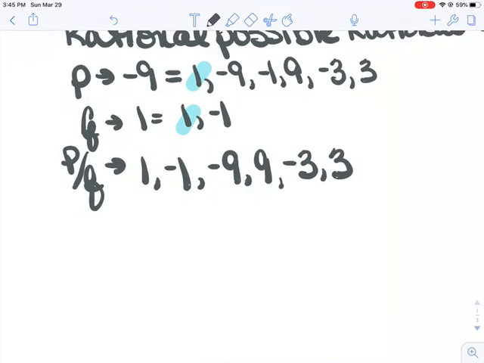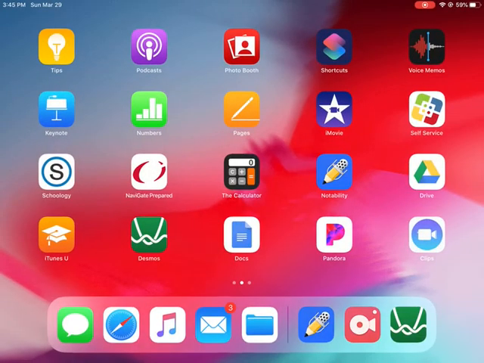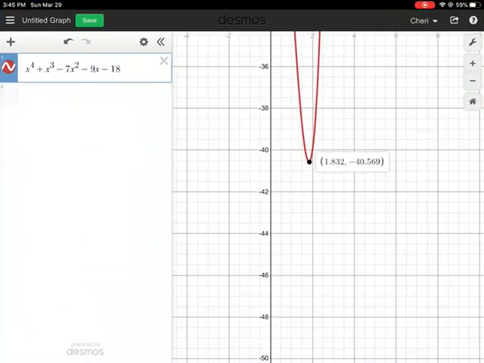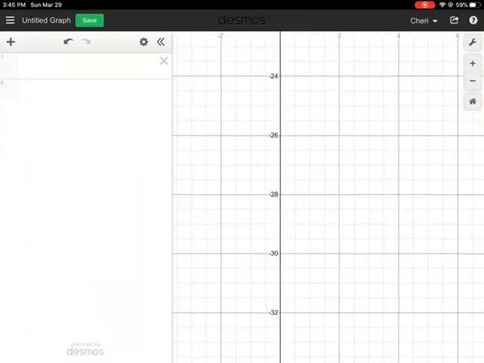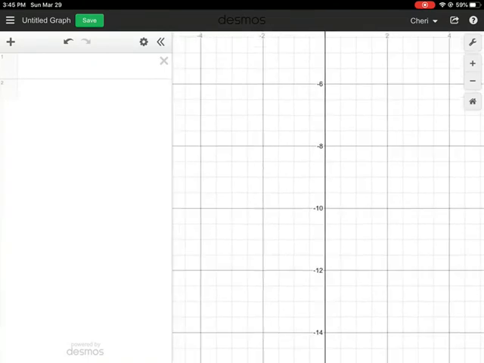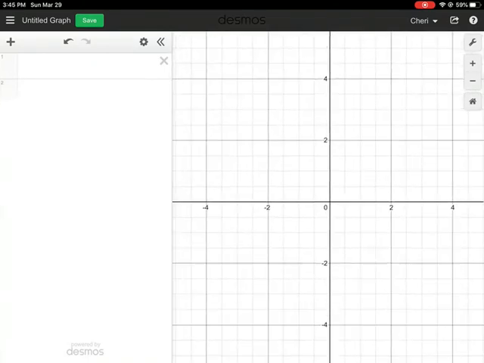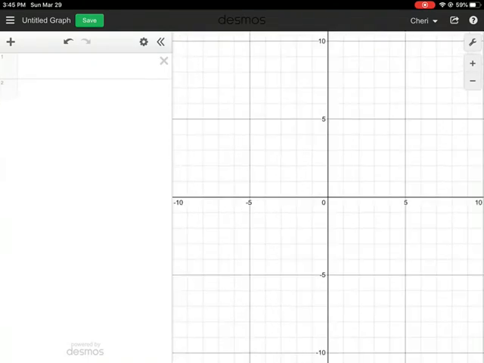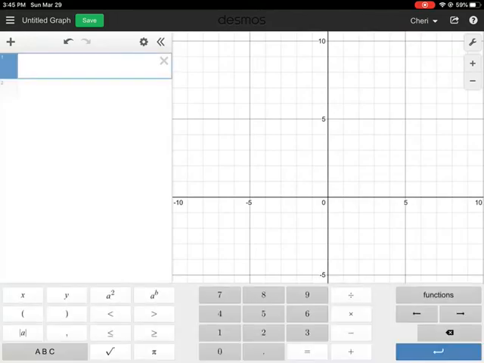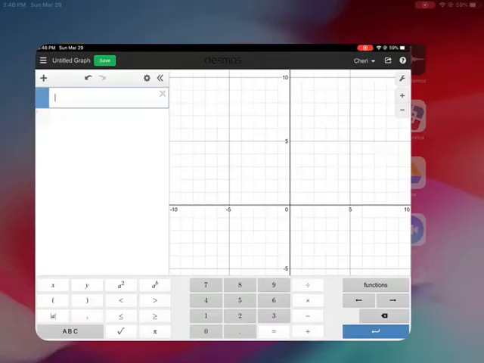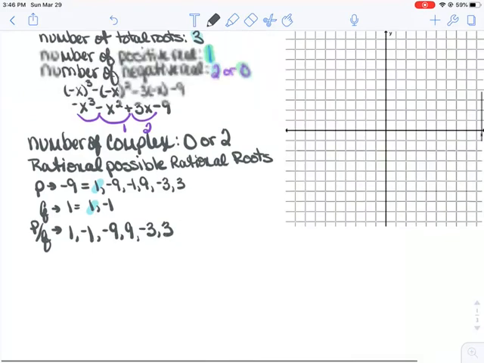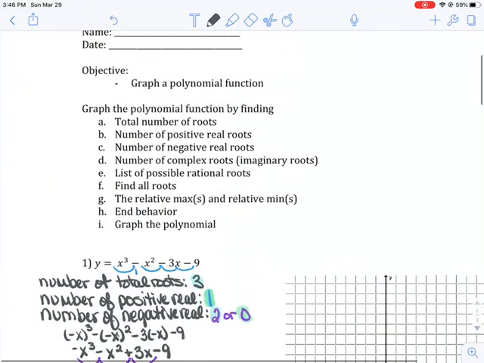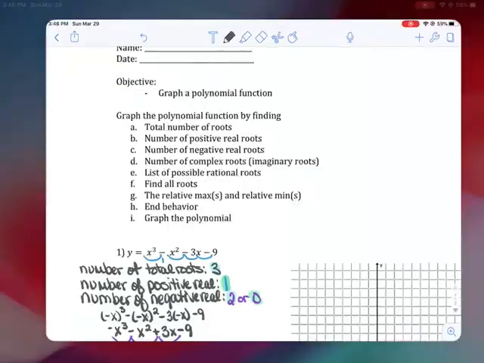Now, to help me, I'm going to go to Desmos. I'm going to put the polynomial into Desmos and graph it, and then help myself by using that. All right, so I forgot the polynomial already. It is x cubed minus x squared minus 3x minus 9.